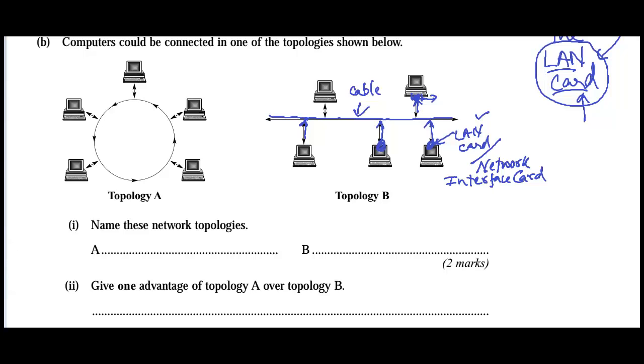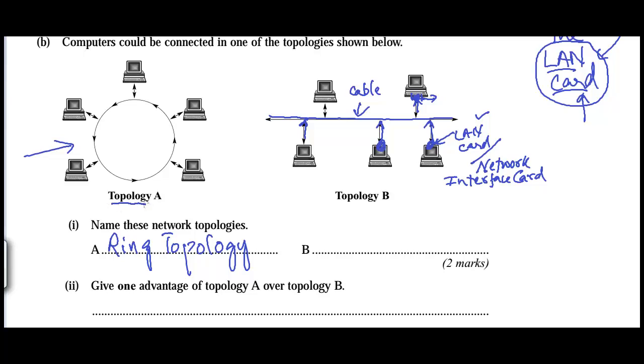So computers can be connected in one of the topologies shown below. Name these network topologies. Well, this topology here is the ring topology, as you can obviously see from the diagram. All the computers are connected together in a ring shape.